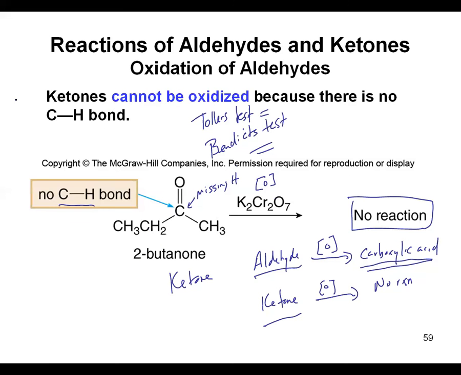If you run the Tollens test or the Benedict's test and it fails, it did not work, that would tell you that you did not have an aldehyde. In the lab that you typically would do with this, the other option would have had to be a ketone. So you could use this process, where an aldehyde will go through oxidation but a ketone won't, to determine if you started with an aldehyde or a ketone. So let's take a look at what those tests look like.